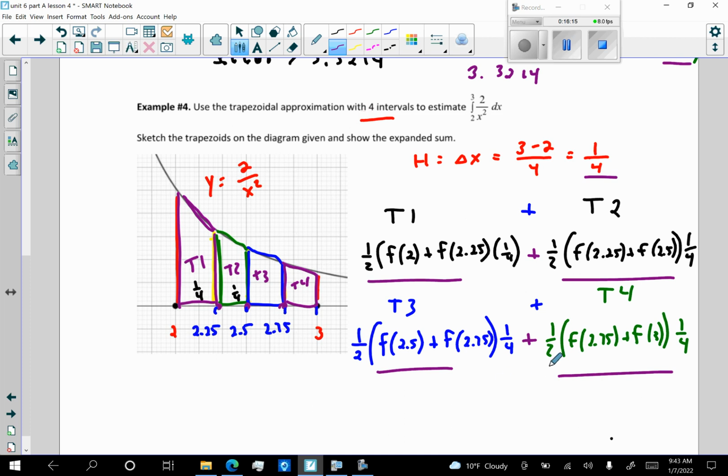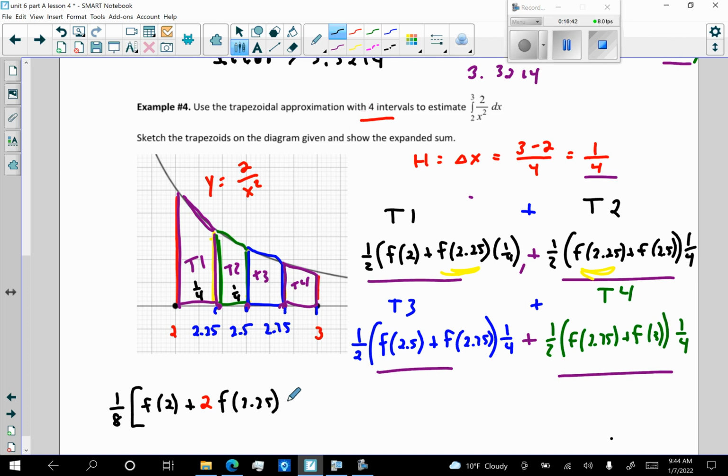I'm going to factor the 1/8 out. And I'm going to just put the function values. This is going to be f of 2 plus f of 2.25. And how many of those 2.25s do I have? Well, I have one here and one here. So I'm going to multiply that by 2.